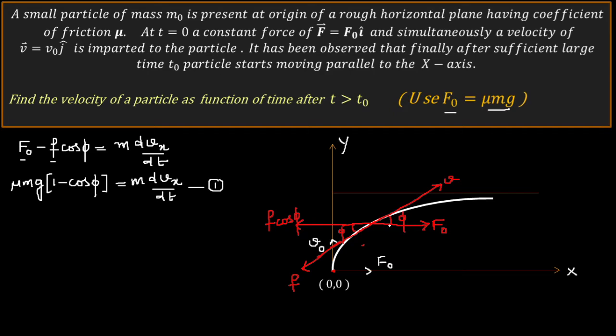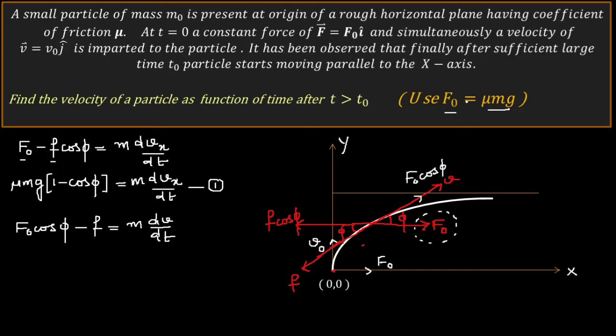Now I would like to take the component of the force F0 along the tangential direction, which is the direction of the net velocity. It would be F0 cos phi. Now we can write the expression along the tangent of this path: F0 cos phi minus F, because friction is in the opposite direction and tangential, is equal to m into dv by dt.